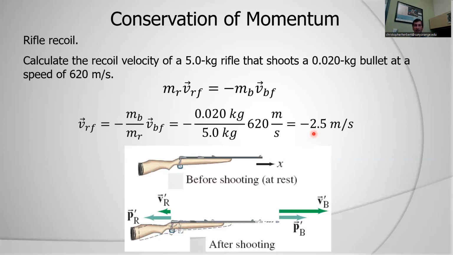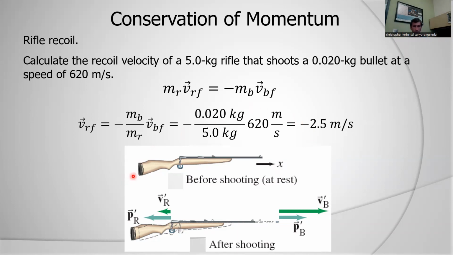That is why if you look on a rifle, the optics of the scope is set so it's far away from your eye. So if somebody inexperienced fires this and they have their eye right up to the scope, it's going to give them a pretty good injury right there. They're going to get a significant black eye from this.